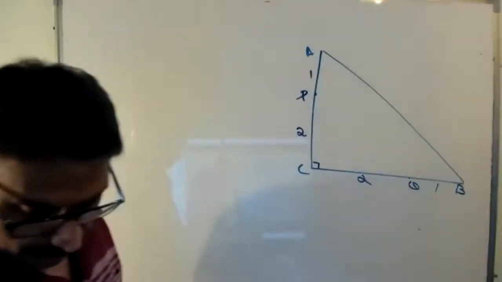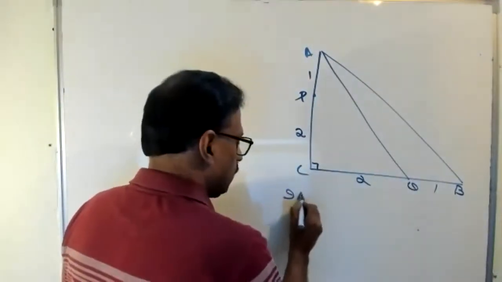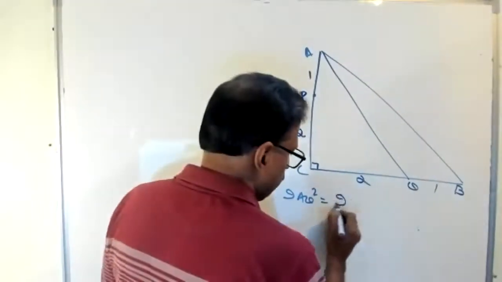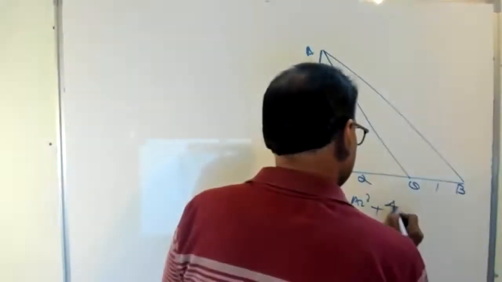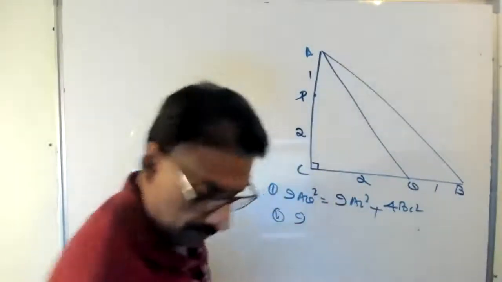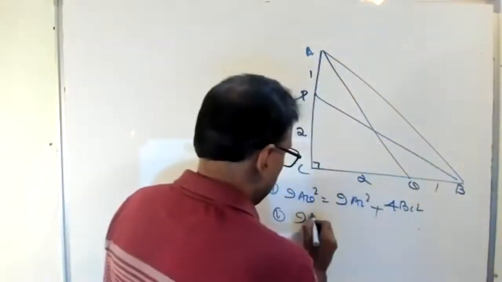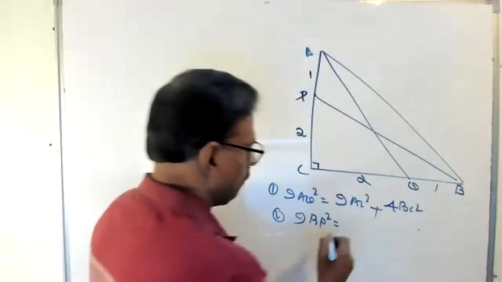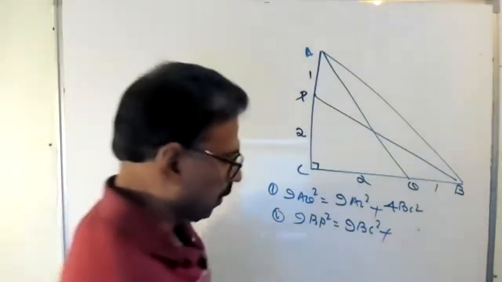Prove that 9AQ square equal to 9AC square plus 4BC square. Second part, 9BP square equal to 9BC square plus 4AC square.